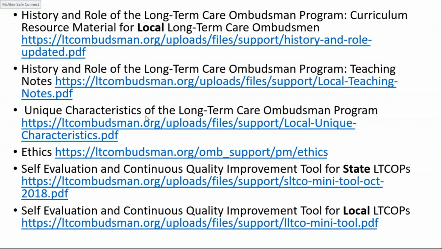This is just more of a training that you can use to make sure that people understand the nuances of being an advocate. And the Ombudsman program self-evaluation and continuous tool, which is what Patty was talking about for state, and then there's the one for the local.